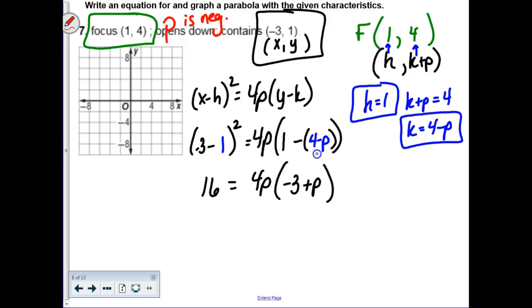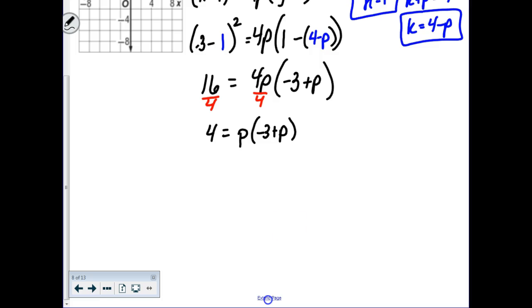It's not a huge time saver, but remember, after we distribute this, you're going to divide by that 4. So there's really nothing wrong with dividing by 4 right now, as long as you do it to both sides. So now it's 4 equals p times (-3 plus p). So bad news, you still have a quadratic.